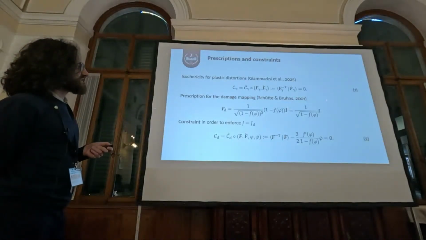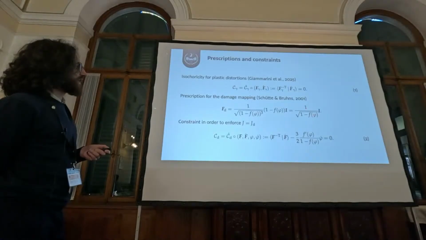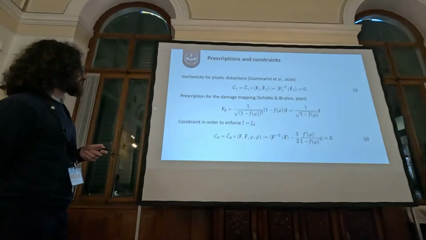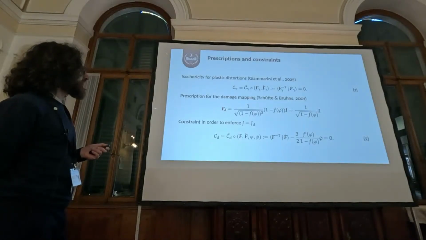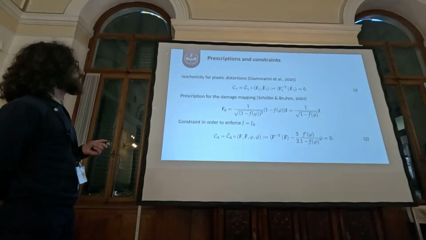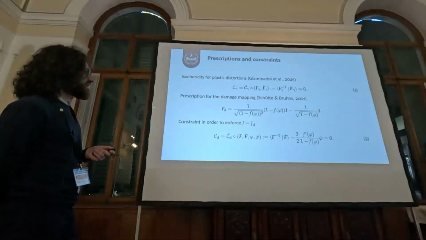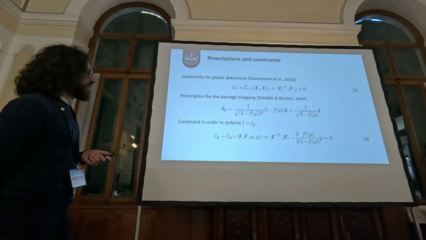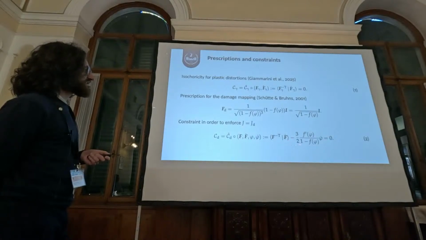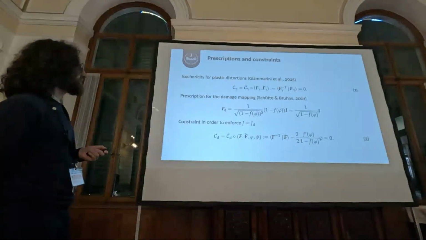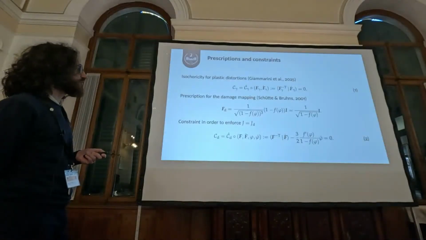This is the final expression of Fd, which depends on the phase field through this function f. Evaluating the time derivative of the determinant of Fd with this prescribed expression, we obtain the second summand of the last equation. And so the constraint J equals JD in its differential form will be this one.